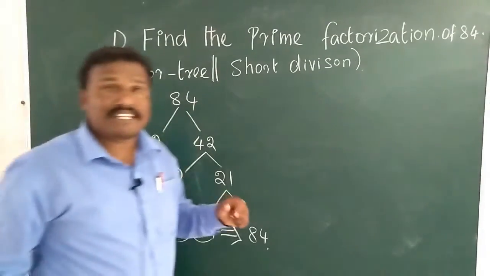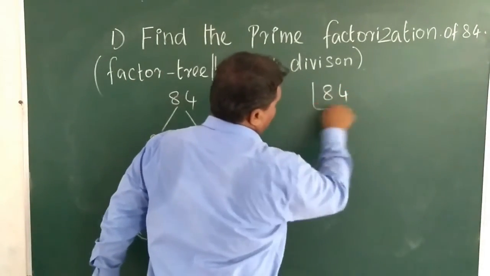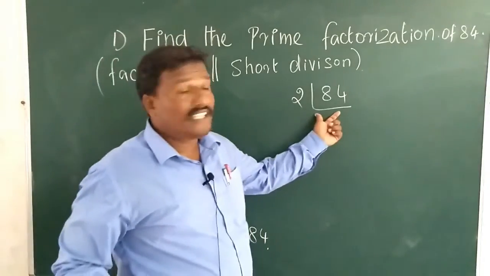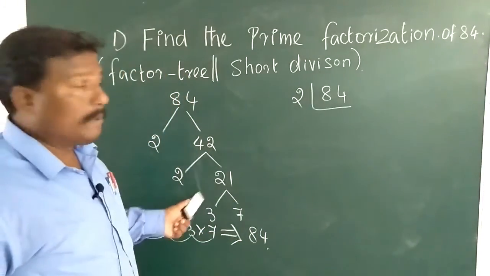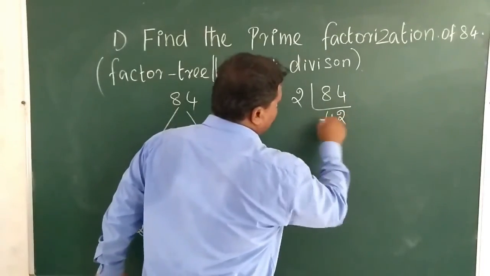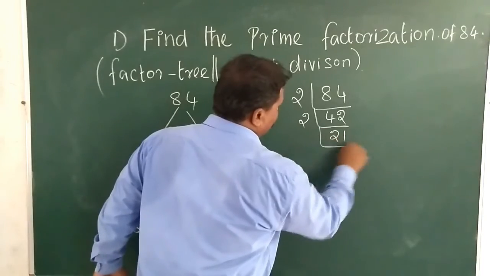Let me discuss the short division method. So this method we call the short division method. Two methods, same answer, but the method is different. 2 42s are 84. Then 2 21s are 42.